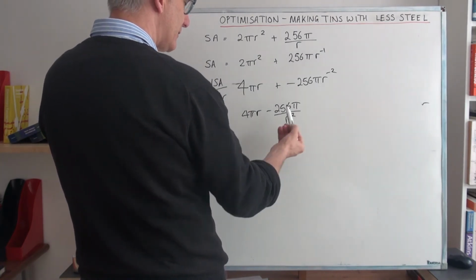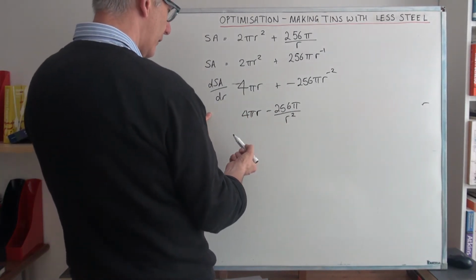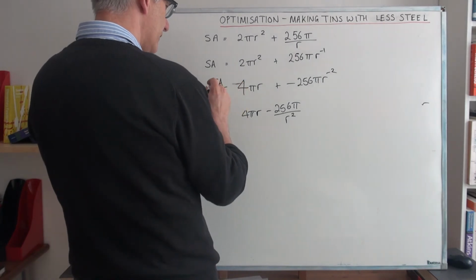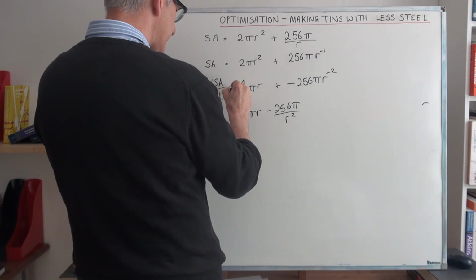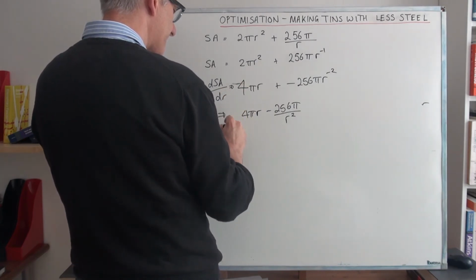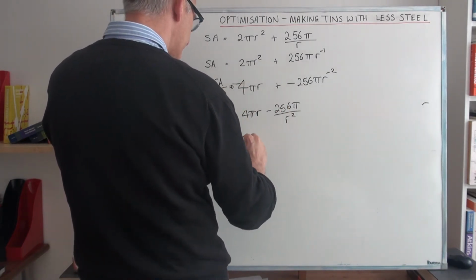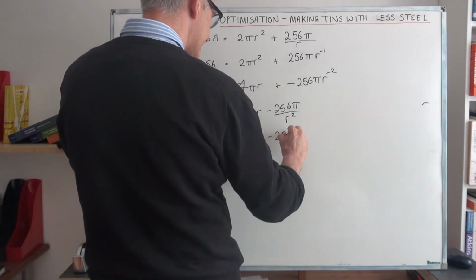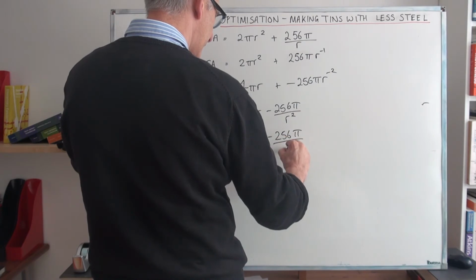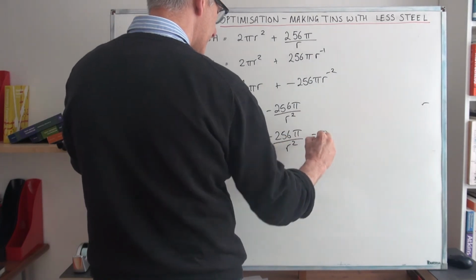We're going to set this equal to 0 because we're looking for the 0 point here. So the derivative there is that. Now we're going to make this equal to 0: 4 pi r minus 256 pi over r squared equals 0.